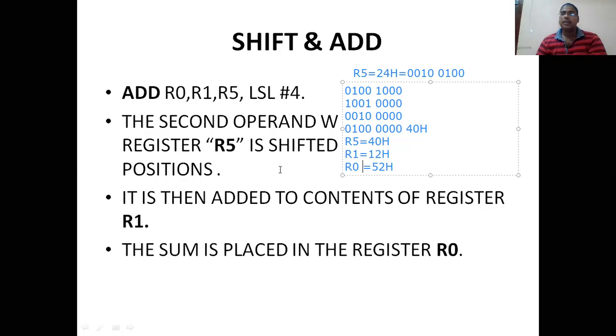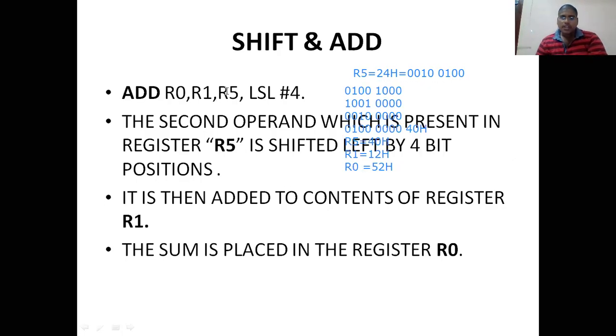Listen carefully. First of all, we should concentrate on R5. Let us assume that R5 has the value 24H. The first thing we need to do is perform shift left by 4 times.